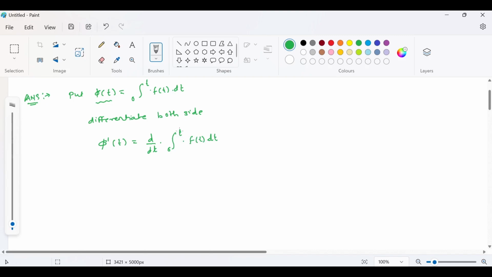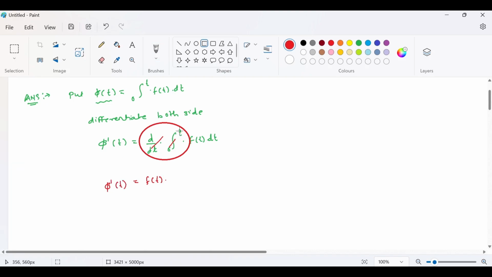Now you know derivative and integration are opposite to each other, so they will get cancelled. So what can I get? We have received the value of phi dash of t is f of t.